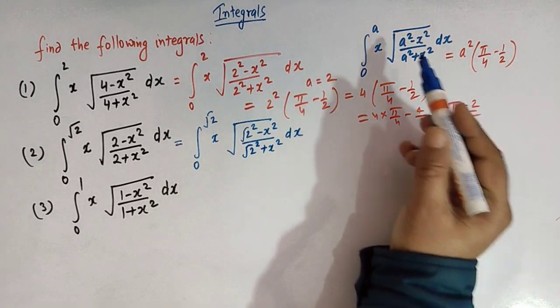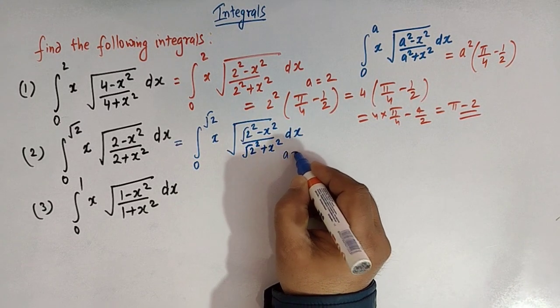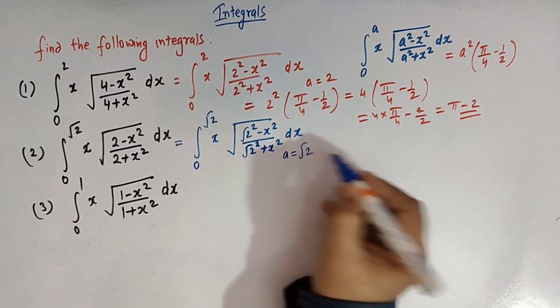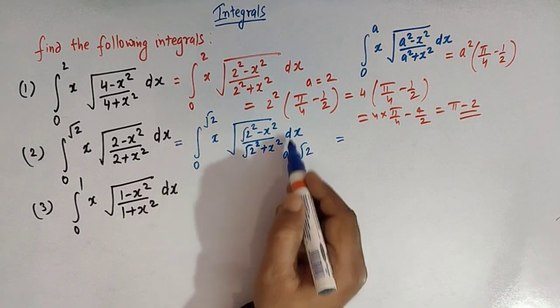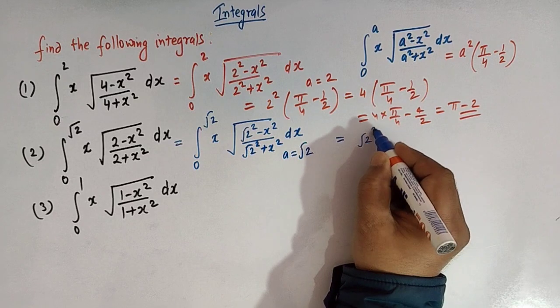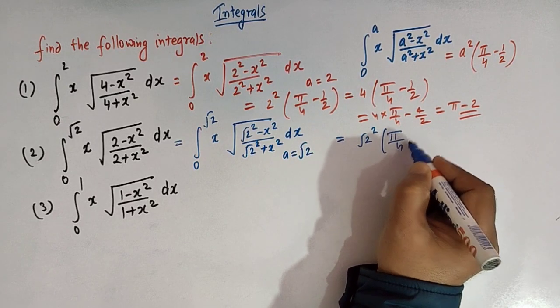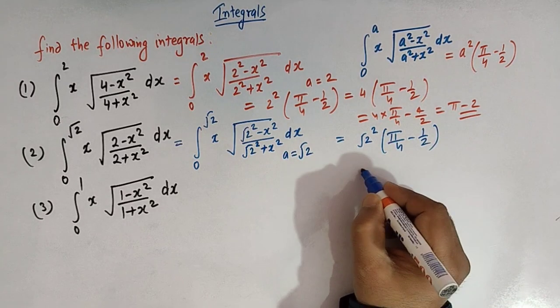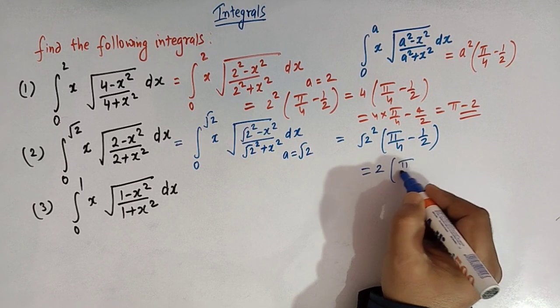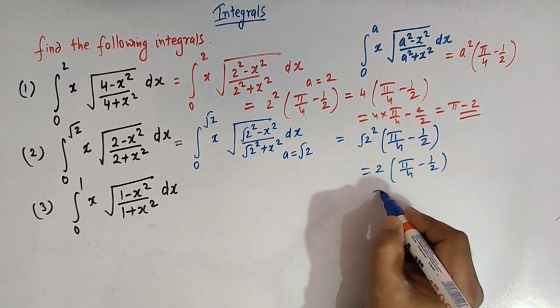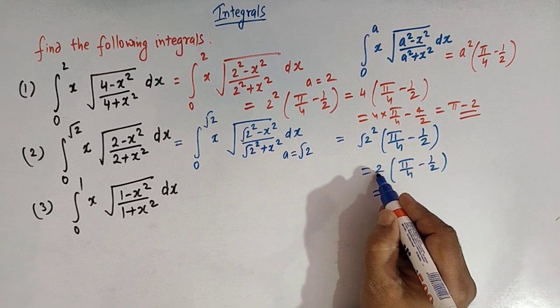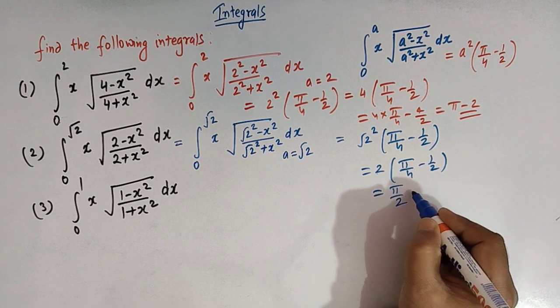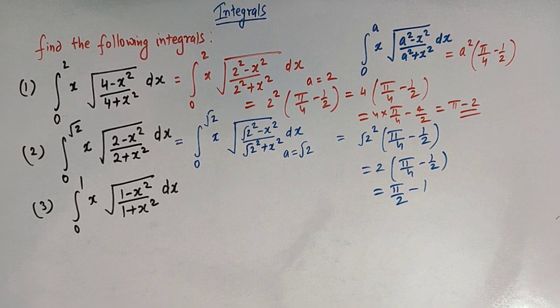Now we compare this integral with this one. So the value of a is equal to square root of 2. The direct value of this integral is (root 2) square times (pi by 4 minus half), that is 2 times (pi by 4 minus half), and multiplying these two terms by 2, we get pi by 2 minus 1.